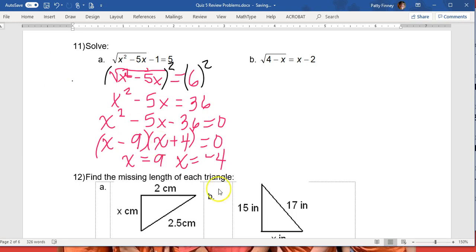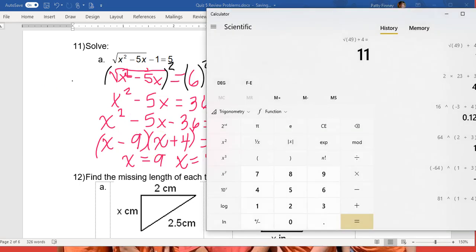So I go to my calculator, and I'm typing in 9 squared minus 5 times 9, and then I want to take the square root of that and subtract 1. So that one worked. So now we're going to do negative 4 squared minus 5 times negative 4.